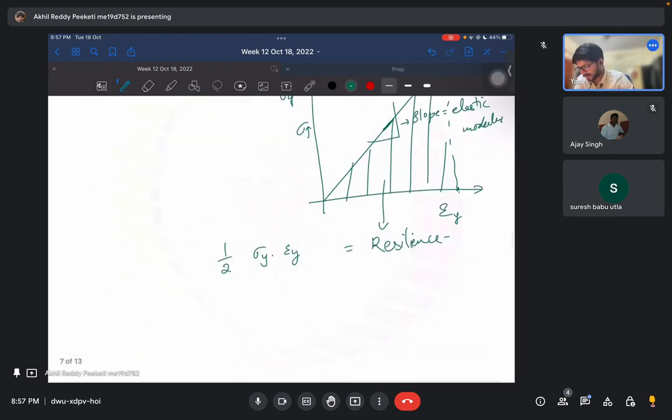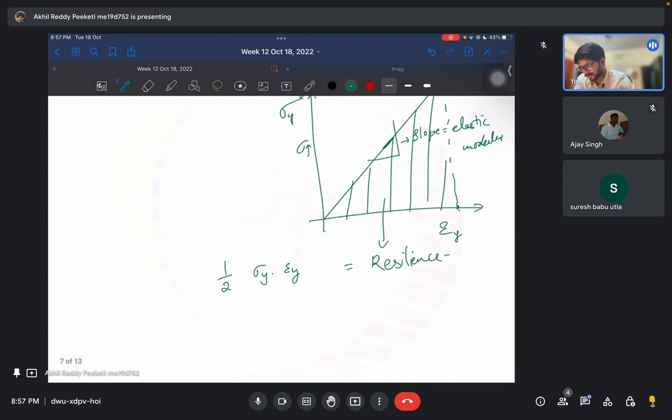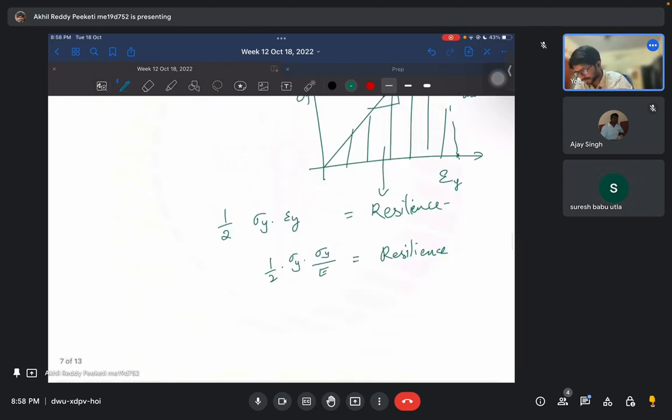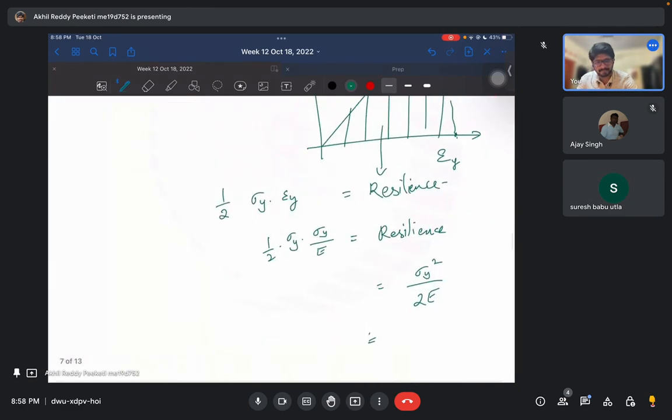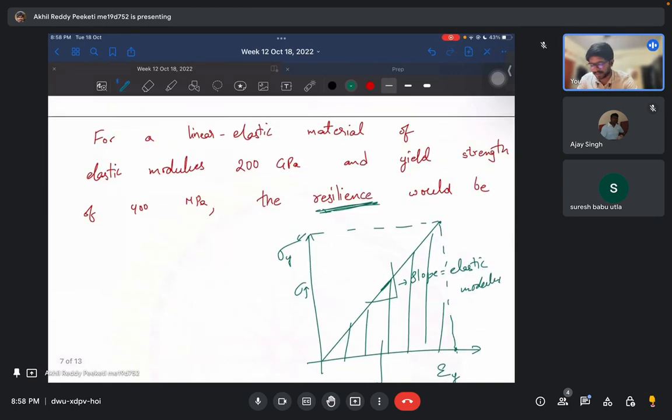Now, because this is elastic, you can write strain as stress by elastic modulus. So it's just equal to sigma y square by 2E. If you substitute the values, you will get the resilience. Only for resilience in the elastic regime can we do these simple calculations. But if you take the actual stress strain curve and want toughness and all, you need to do numerical integration.